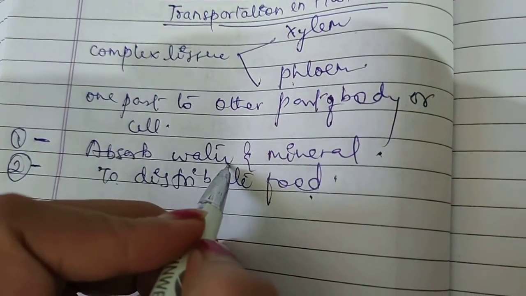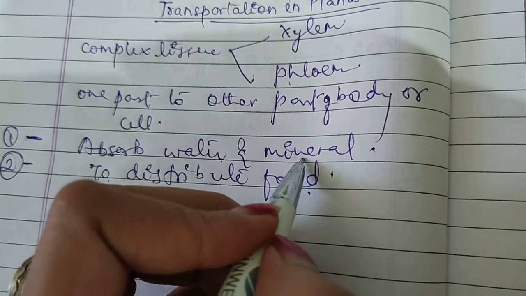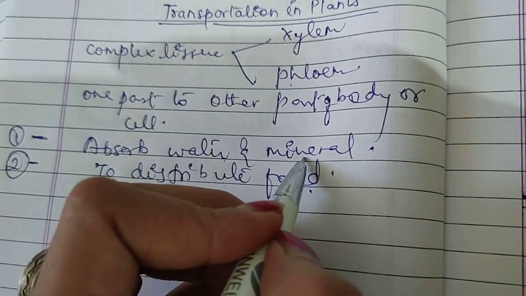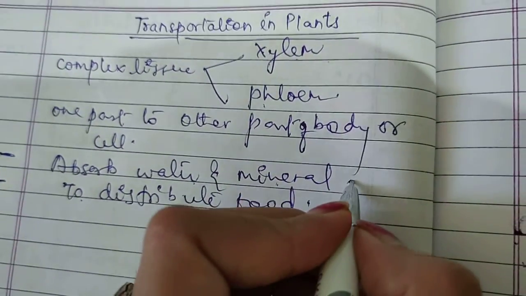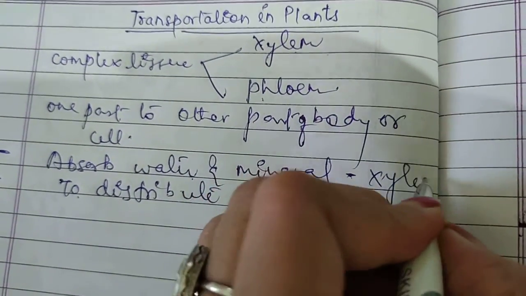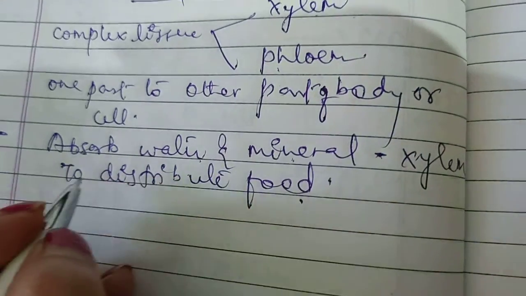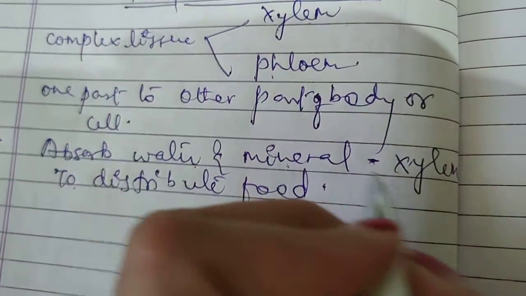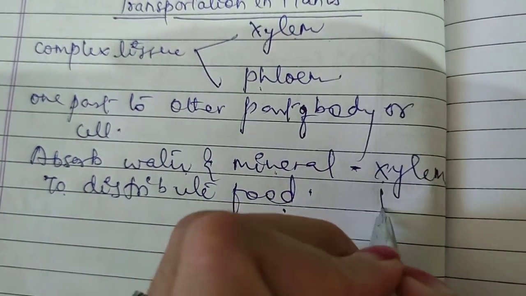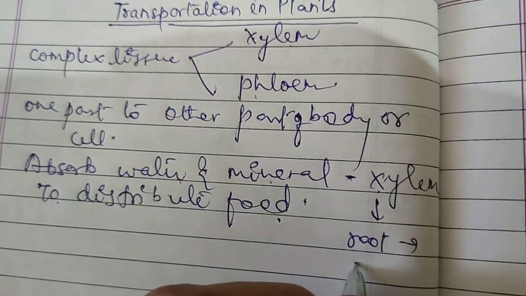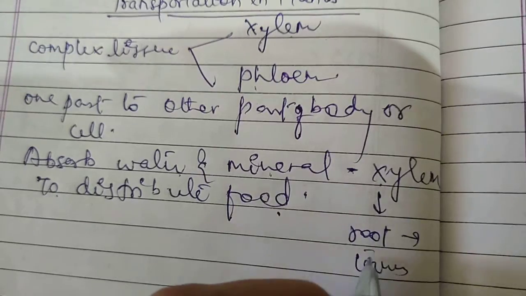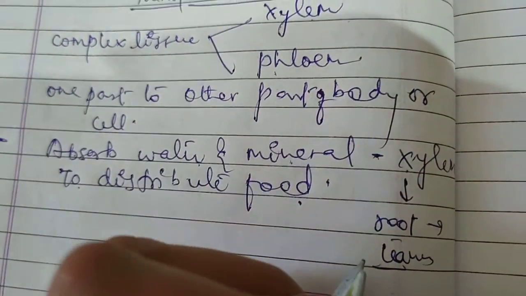For absorbing water and mineral, a special tissue known as xylem is present in the plant for this very system. And this carries water from root to the leaves, from root to the leaves.